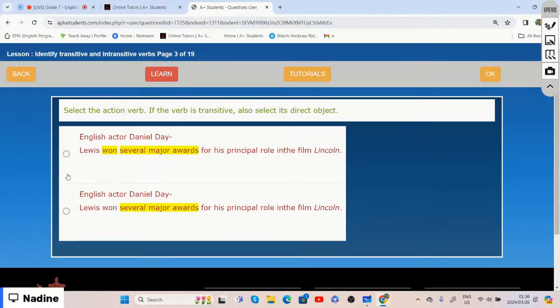All right, it says English actor Daniel Day Lewis won several major awards for his principal role in the film Lincoln. Or do we say English actor Lewis won several major awards for his principal role in the film Lincoln?